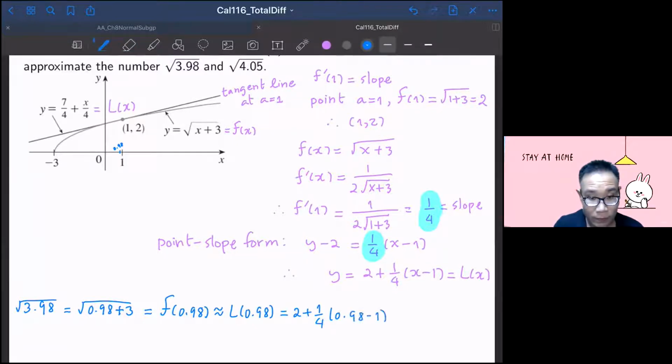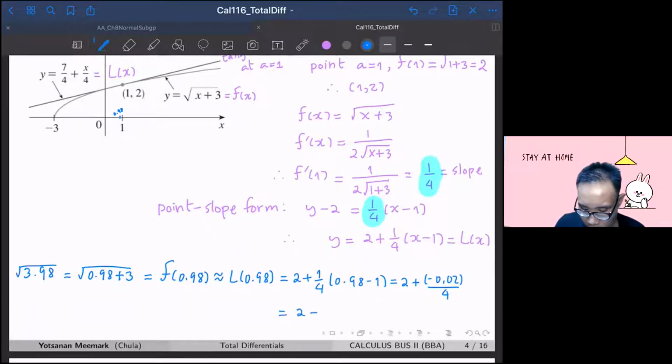You see that this number is quite simple. So it's 2 plus negative 0.02 over 4, which is 2 minus 0.005, and it's equal to 1.995. So this will be the approximation for the square root of 3.98.